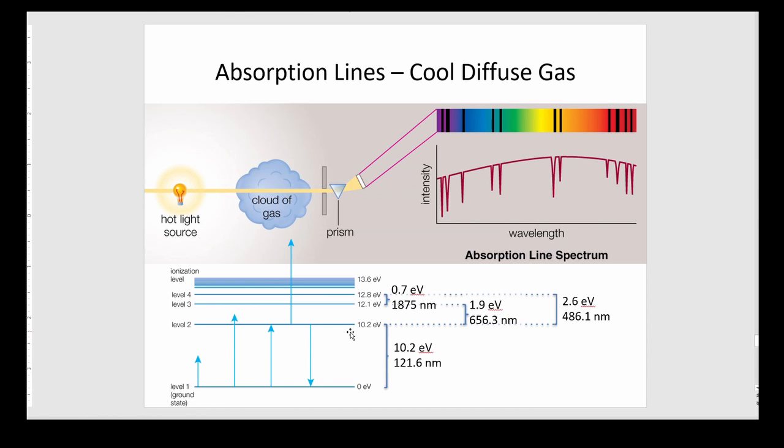We have 10.2 here, we have 0.7 electron volt here, we have 1.9 electron volt here, we have 2.6 electron volt here. So these are different possible movements from one level to another level. And because they are moving from lower energy to higher energy, they need extra energy. And they will absorb this energy from their environment, from moving photons. That's why it's called absorption spectrum.